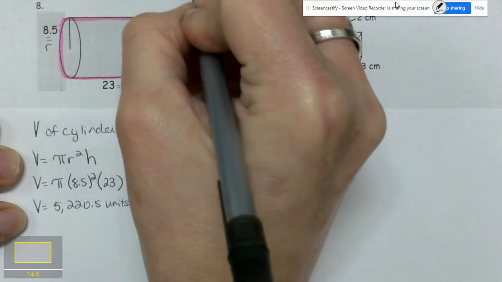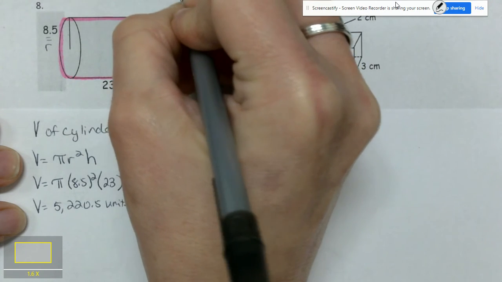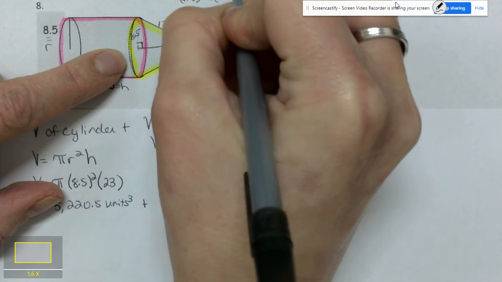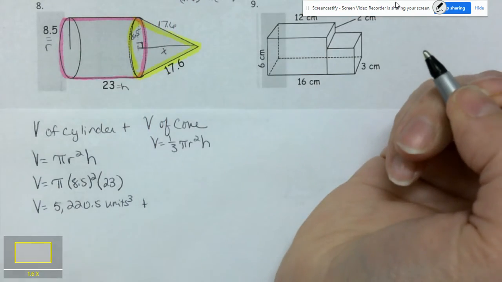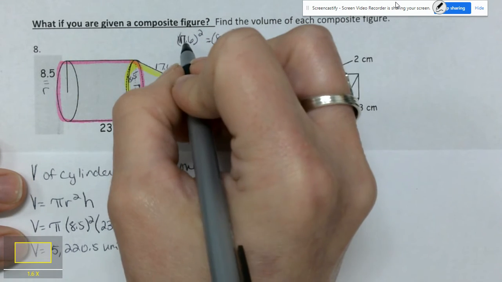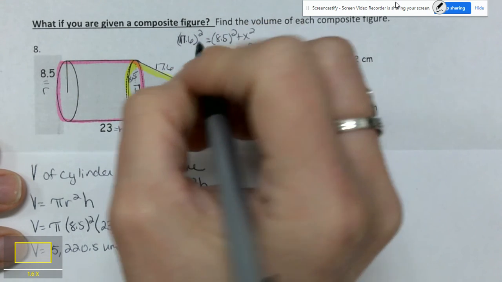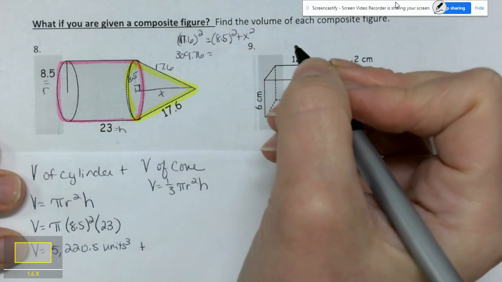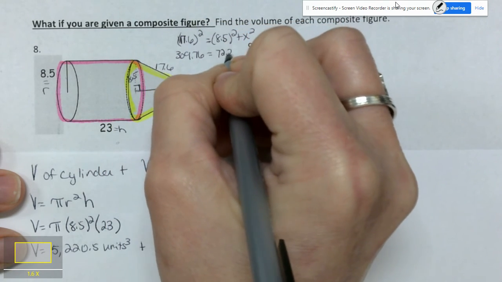So 17.6 squared has to equal 8.5 squared plus x squared. Sorry, I was writing up too far. Okay, 17.6 squared, I keyed that in the calculator, is 309.76. And 8.5 squared is 72.25.